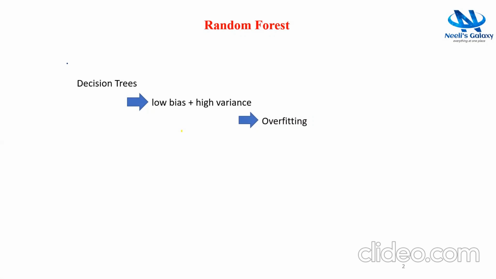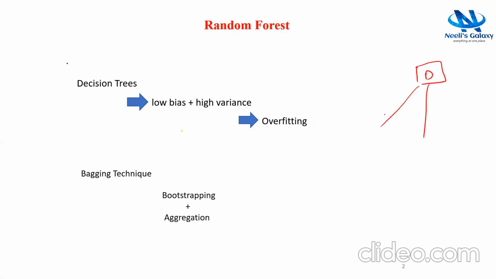So random forest basically adopts the bagging technique to avoid overfitting. Bagging includes the process of bootstrapping followed by aggregation. In bootstrapping, we have a training dataset and we take a random sampling of rows with replacement from it, which results in the formation of sub datasets.